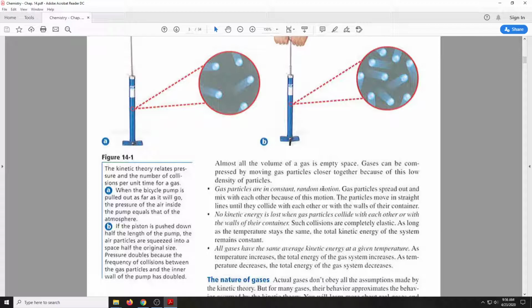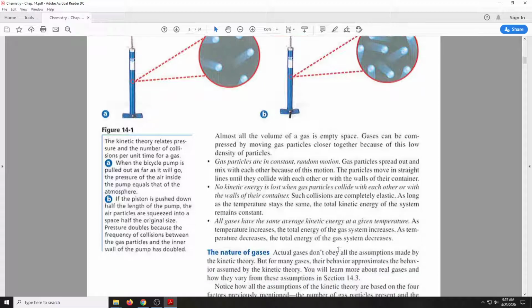For example, hydrogen gas and a really heavy gas like sulfur hexafluoride have different masses, so we do have to consider that. Oh, actually, no, that is true. What I was talking about was velocity. They have the same average kinetic energy at a given temperature, that's fine.